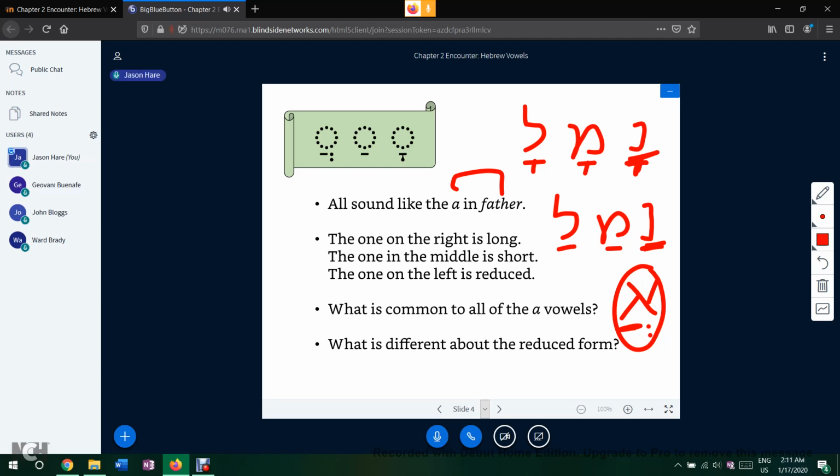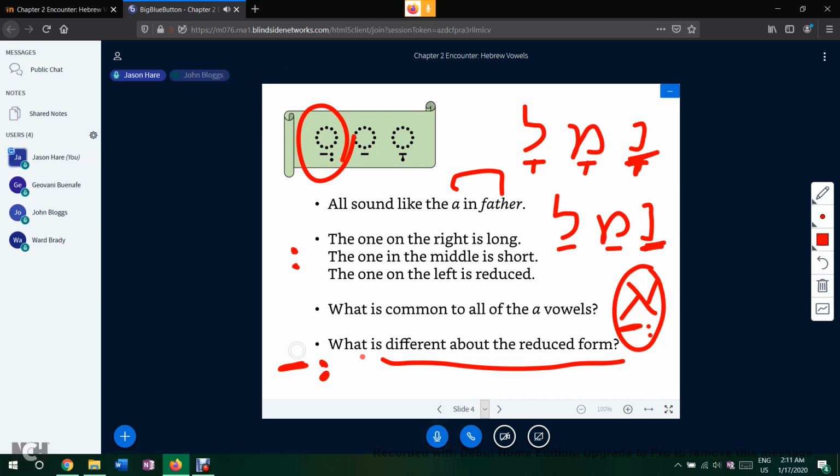What is different about the reduced form? If the common feature is that horizontal line, anytime you see that horizontal line, you're going to read a. What is different with the reduced form is that you have these two dots, one above the other. It's the shva.